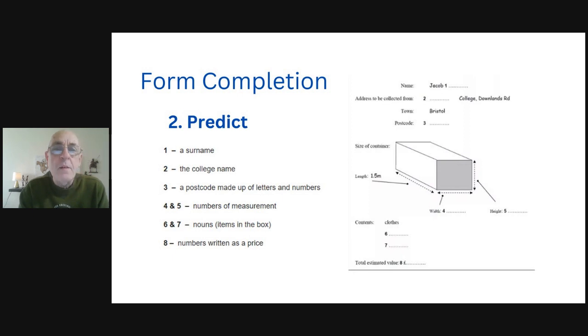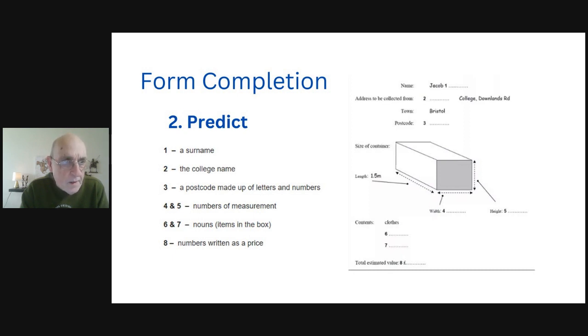So in question number 3, for example, you'll just write down postal code, or in numbers 4 and 5, numbers of measurement. You'll notice in one label, when it comes to the length, it says 1.5 meters.